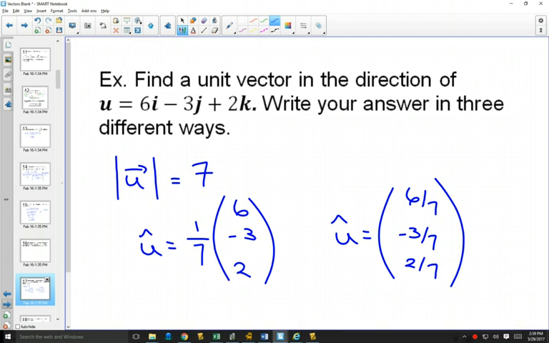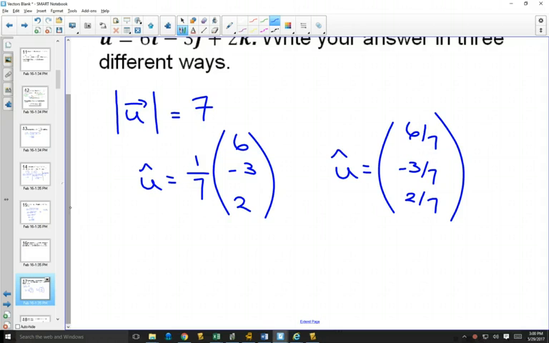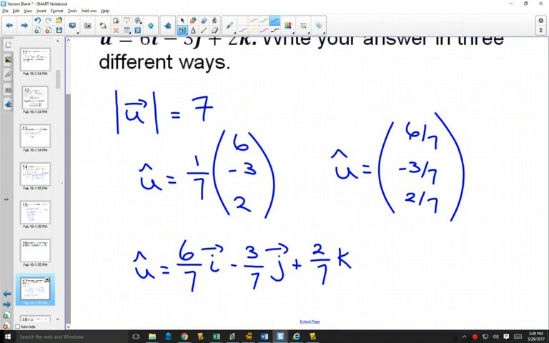And if you did a squared plus b squared plus c squared and took the square root of that vector, you would get 1. Or we could write this using our unit vectors. All those things mean the same thing.